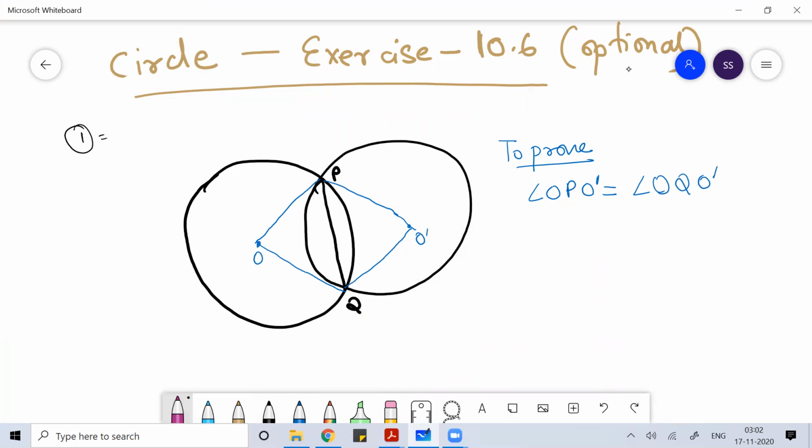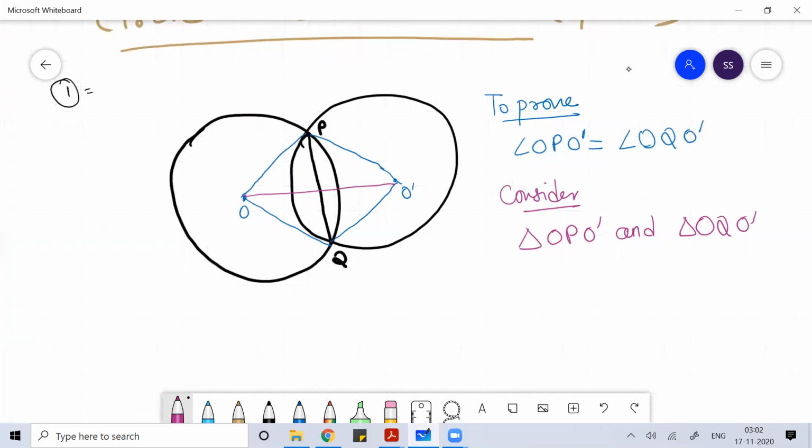You know that a perpendicular line from the center always bisects the chord. Now consider the triangle OPO dash and the triangle OQO dash. In these triangles, OP is equal to OQ because they are radii.